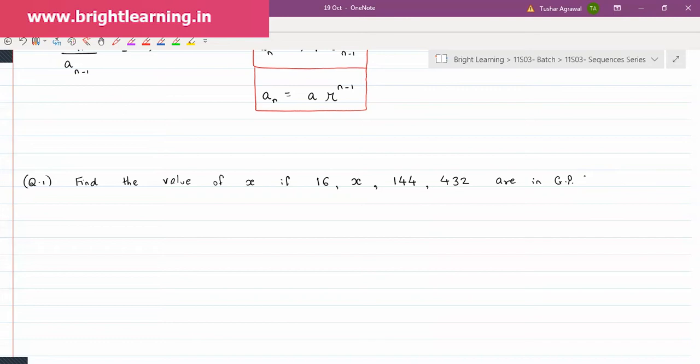Quickly. Not getting? Come on. It's a very easy sum. Dhananjay, you also? 16x, 144 and 432. This is in GP.